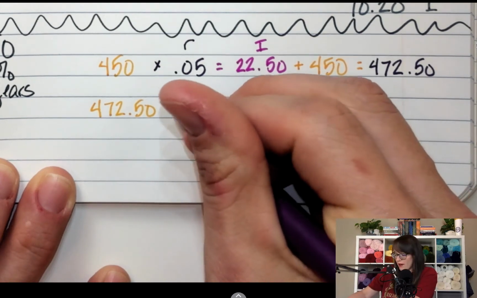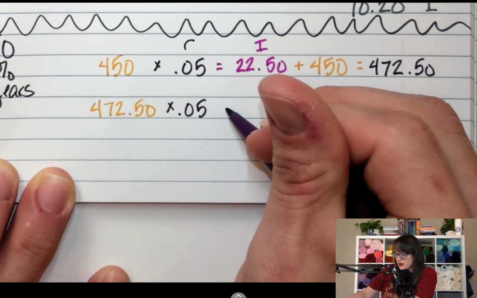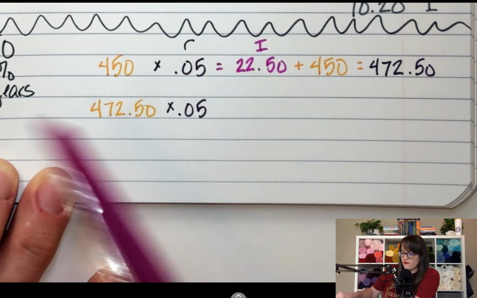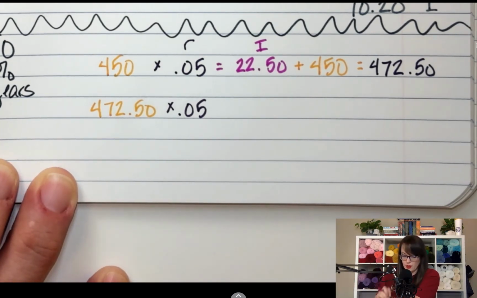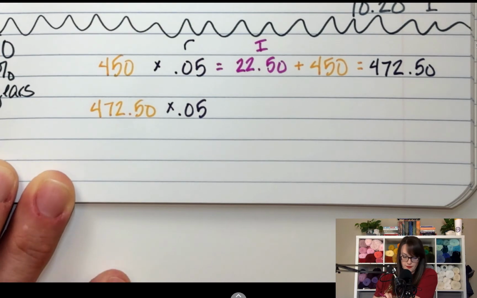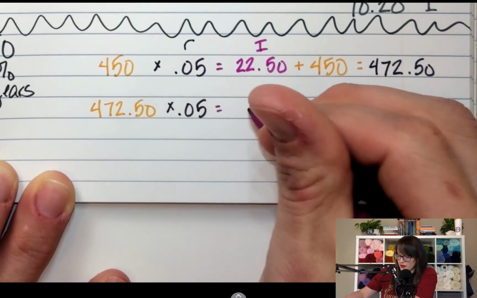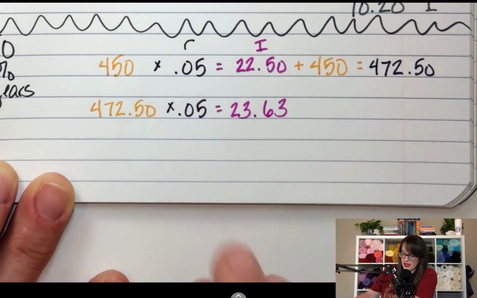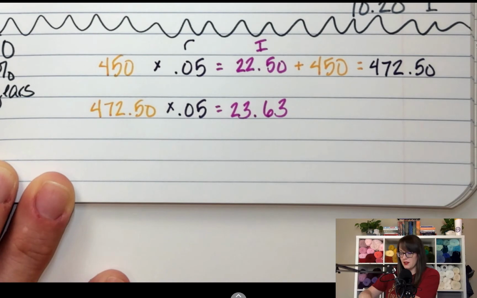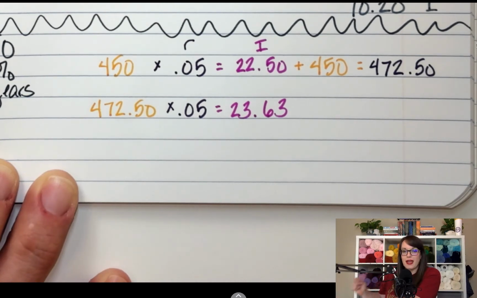Then I get 5% of that. How much is 5% of this rounded to 2 decimal places? It's 23.63. Now, this is the interest after the second year.